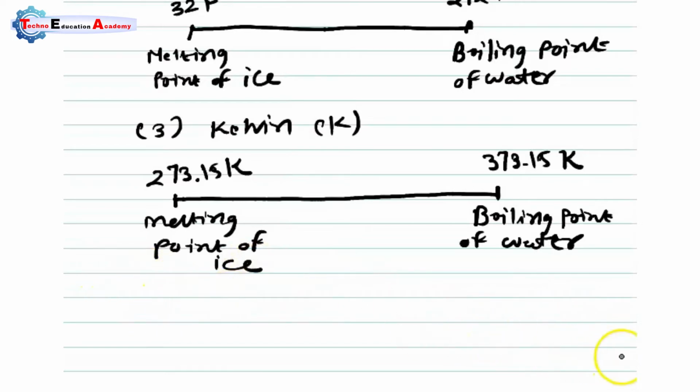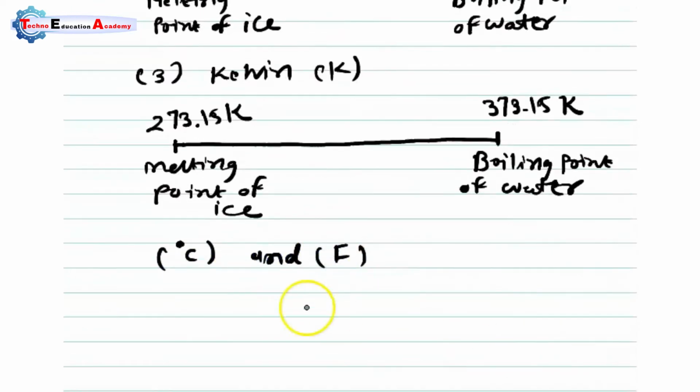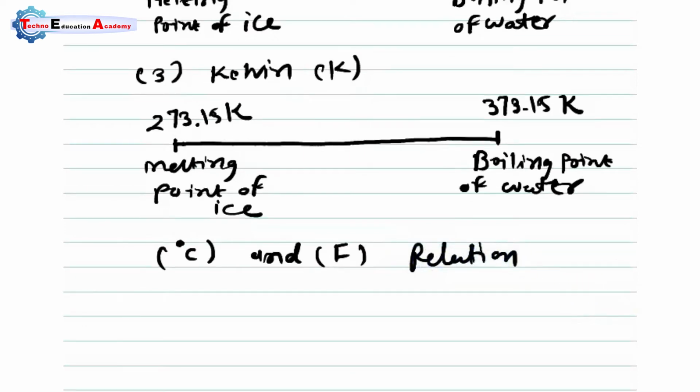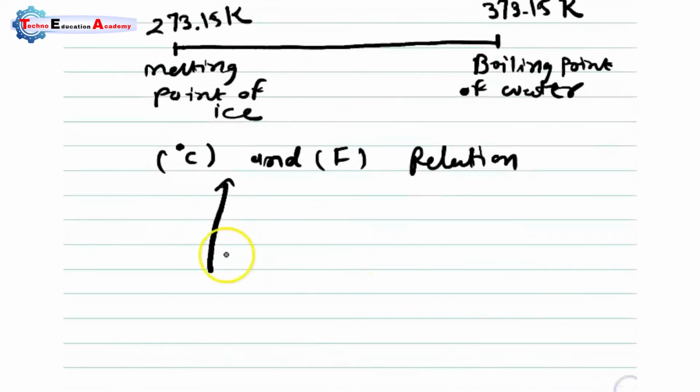Now we can make the relation between degree Celsius and Fahrenheit. For that purpose, we can draw one XY axis and plot Celsius on the x axis and Fahrenheit on the y axis.